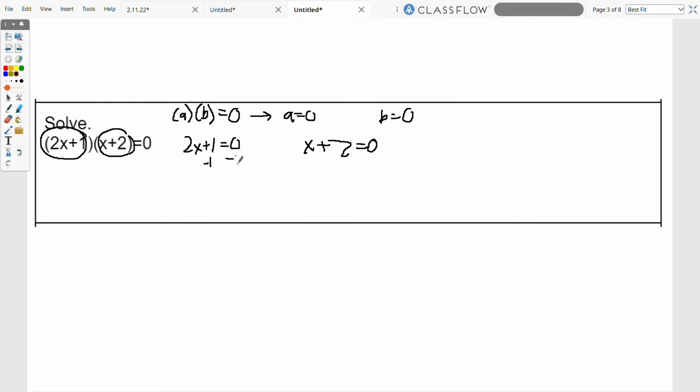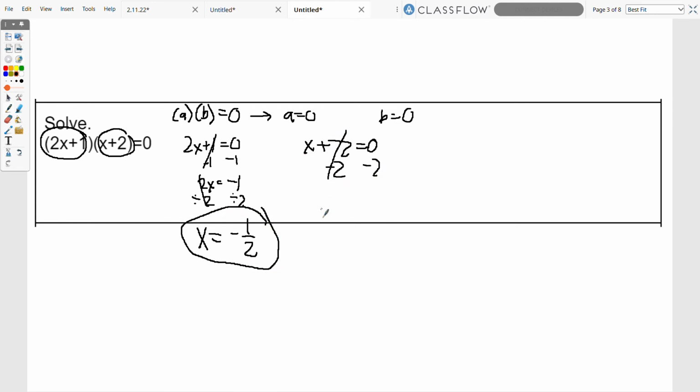Then we solve. Subtract 1 from both sides, we get 2x equals negative 1. We divide by 2 and get x equals negative 1/2. That's one of the solutions. For the other one, we subtract 2 from both sides and get x equals negative 2. There are our two answers.